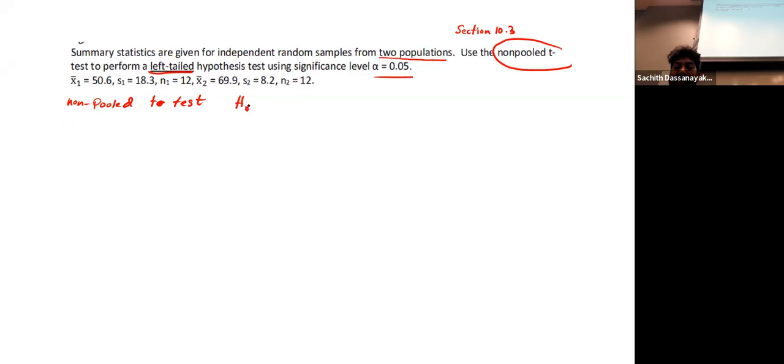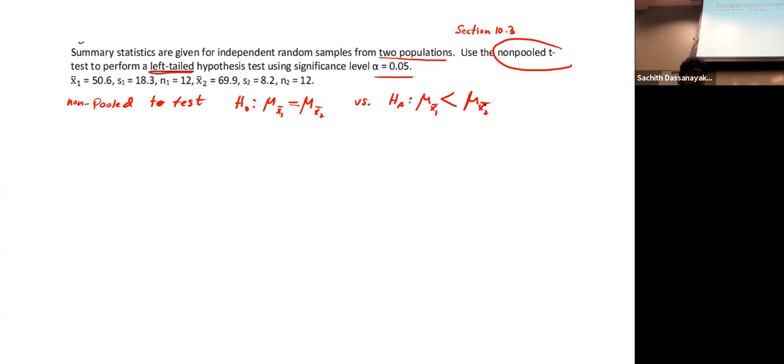You can write your H naught: mu x1 bar equals mu x2 bar, that's your null, versus your alternative hypothesis HA: mu x1 bar less than mu x2 bar.